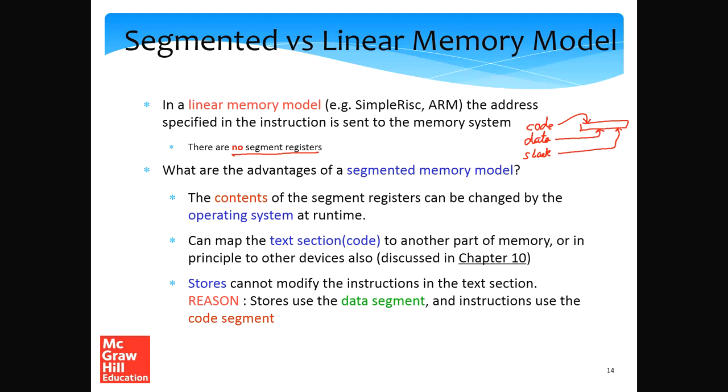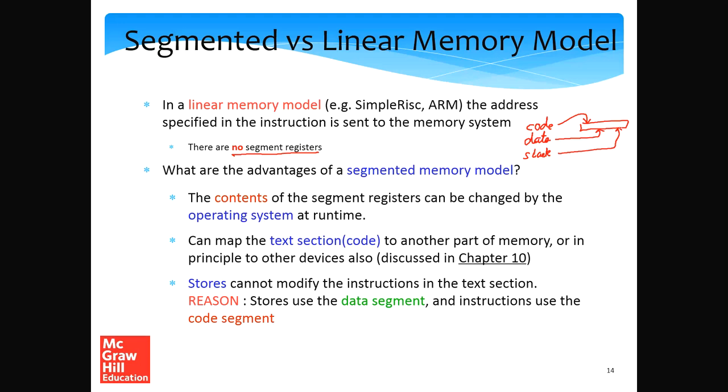We'll look at them in chapter 10, where we'll show that for most viruses it is not possible to modify instructions in the text section of the program. That is because any stores are by default supposed to use the data segment and the instructions are in the code segment. So this gives us some amount of separation between the code and the data segment.